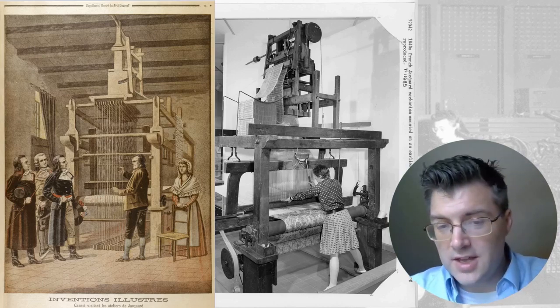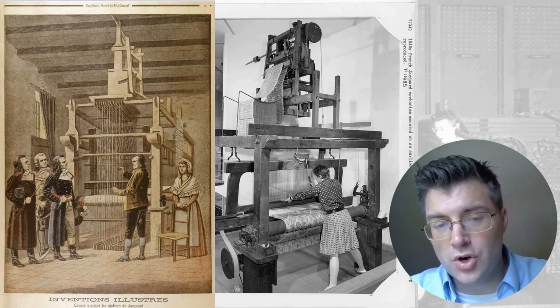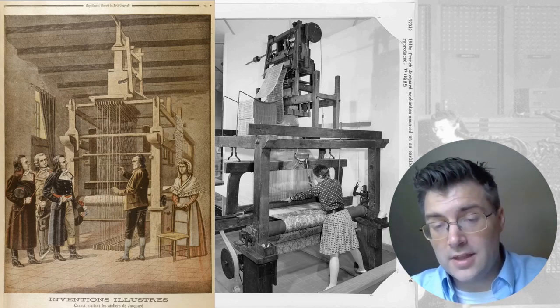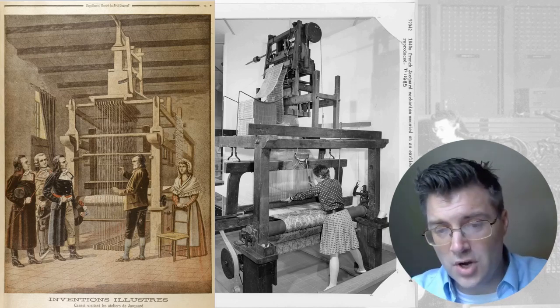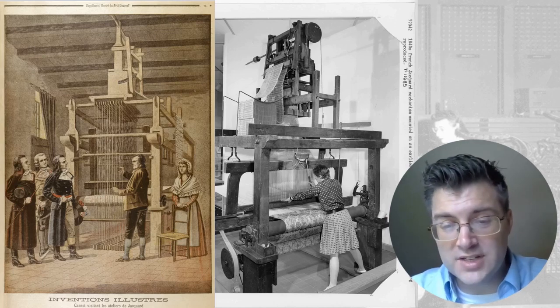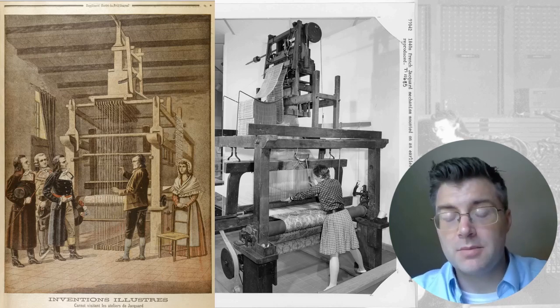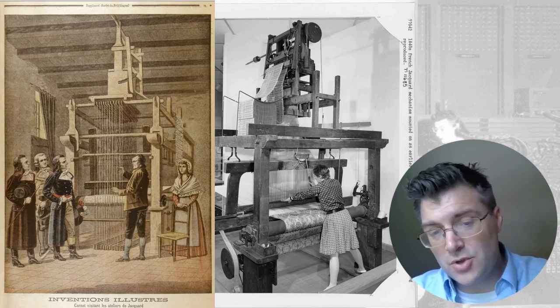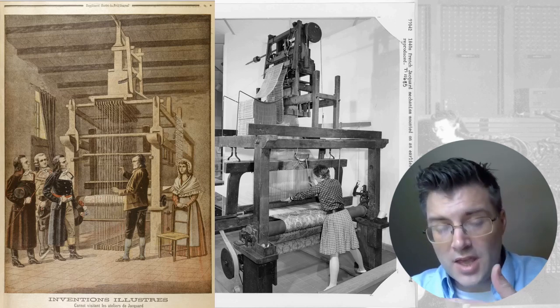So just like the loom communicated the precise pattern with the use of punched cards, the analytical engine would be able to carry out a wide range of computations, really any imaginable computation, so long as the precise pattern of operations could be communicated to the analytical engine in the form of these punched cards.